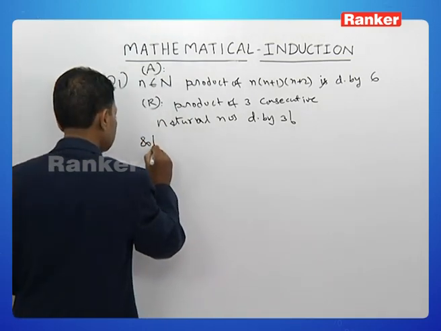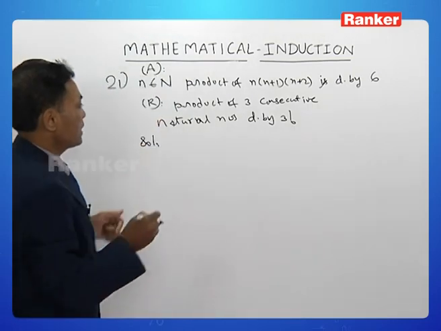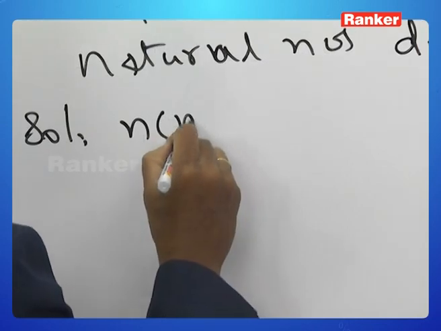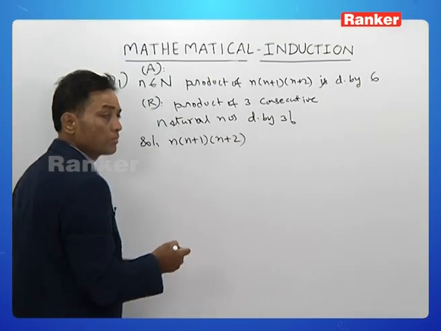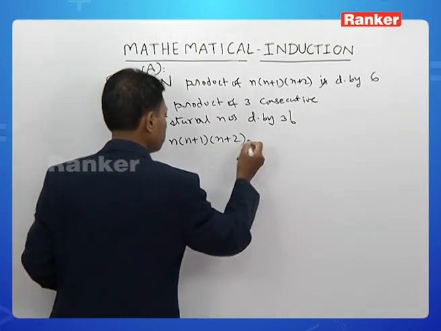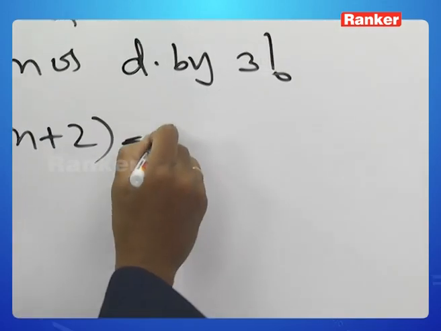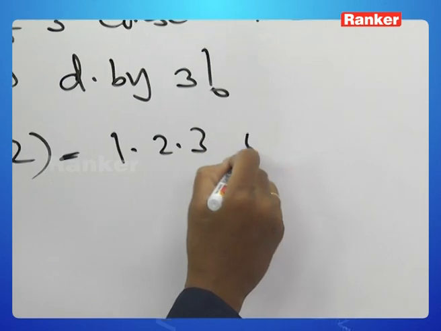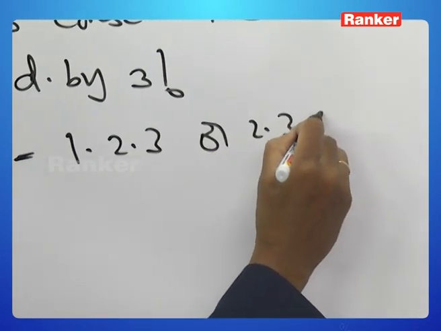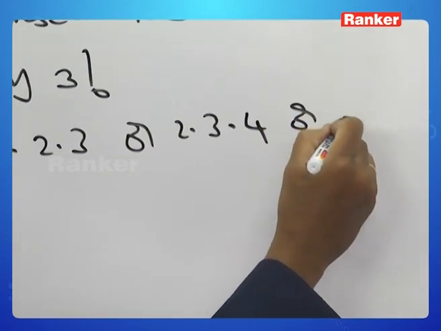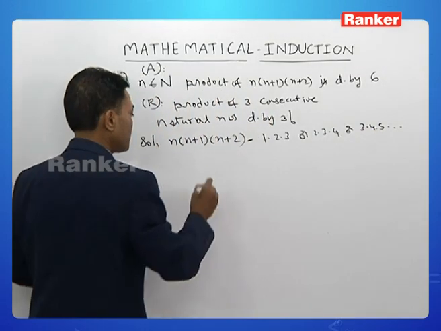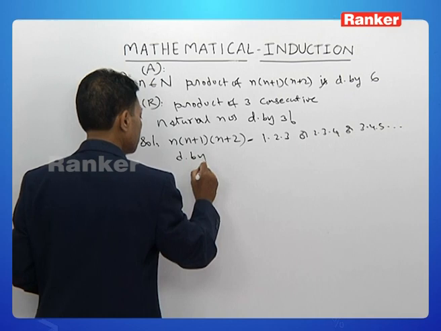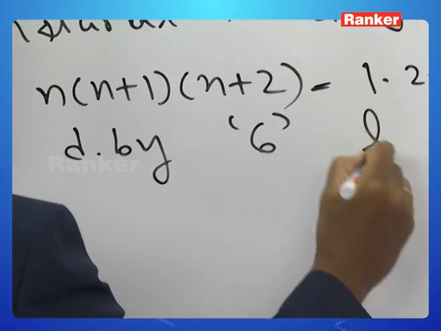So, of course, n into (n plus 1) into (n plus 2). Put n is equal to 1, it will give you 1 into 2 into 3, 2 into 3 into 4, 3 into 4 into 5 and so on. So, it is clearly divisible by 6, no doubt in that. True.